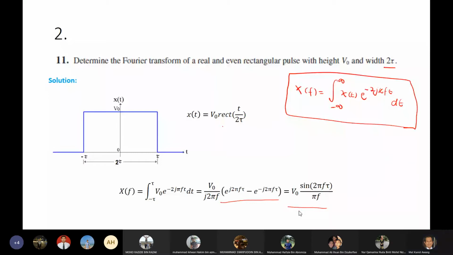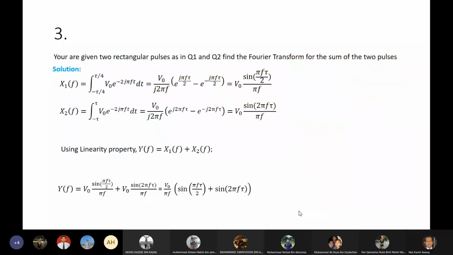Now, if you are given the two pulses just now, and you add them, this question is basically you have one pulse as in Q1, question number 1, and the second pulse is question number 2, and you add the sum of these two pulses. So what is the Fourier transform for that?